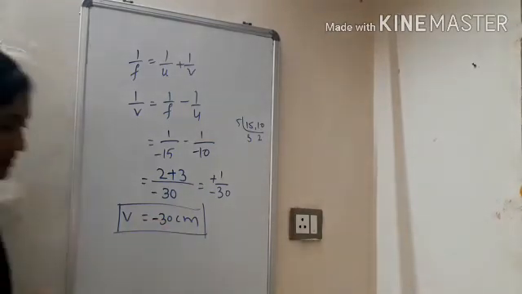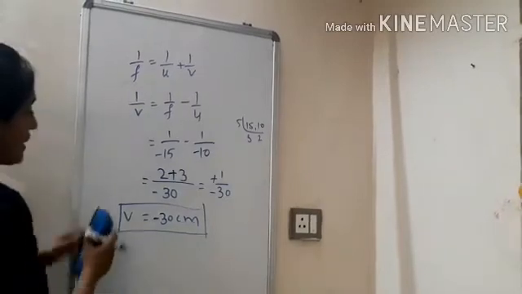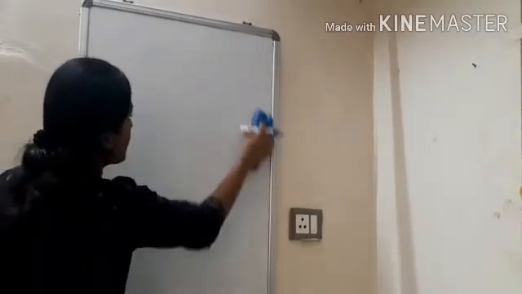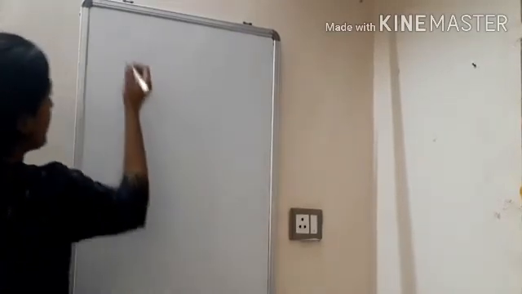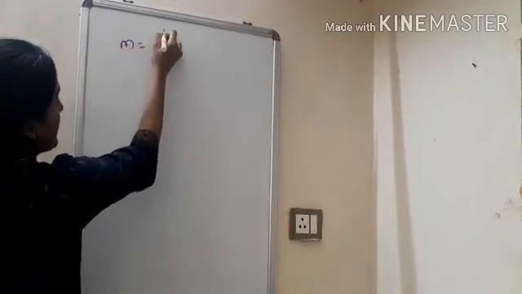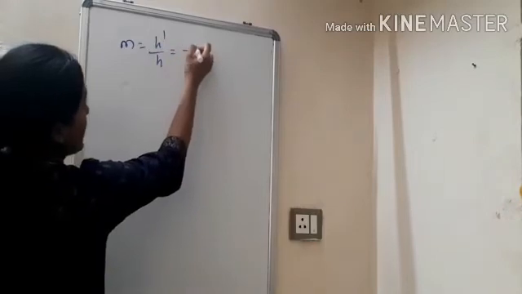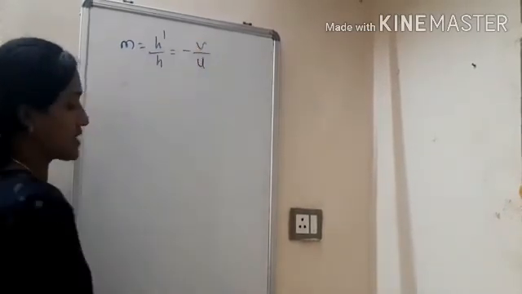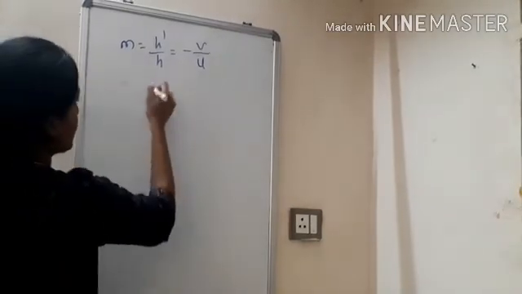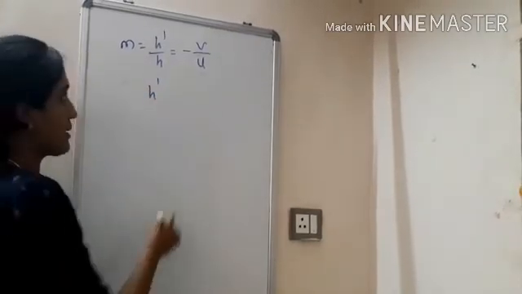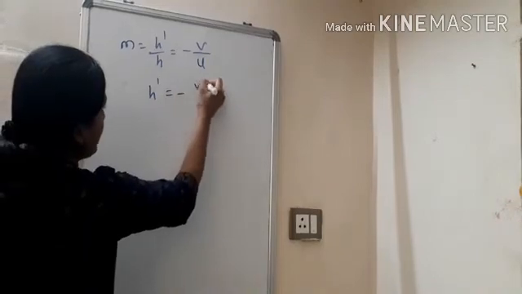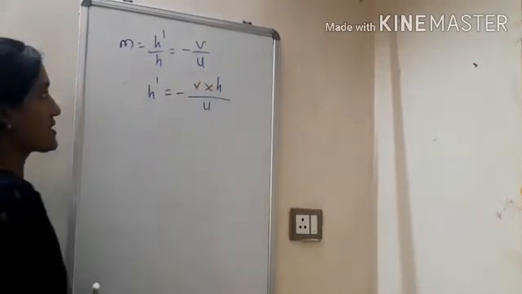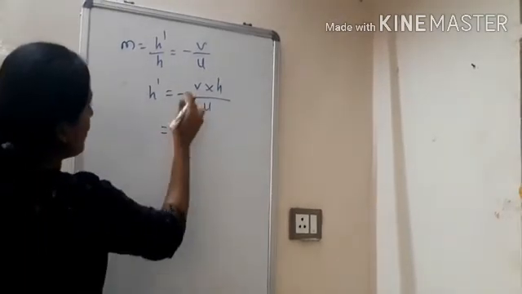And then one more thing we have to find out, that is the image height. So let's write down the magnification formula, that is m is equal to h dash divided by h is equal to negative v, v means image distance, u means object distance. Now we know everything except the height of the image. Write down negative v into h, height of the object, over u, distance of the object. So how much is v?